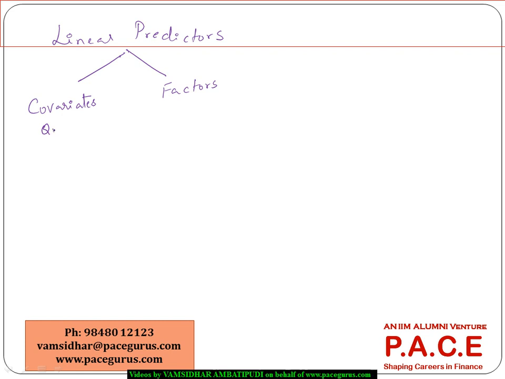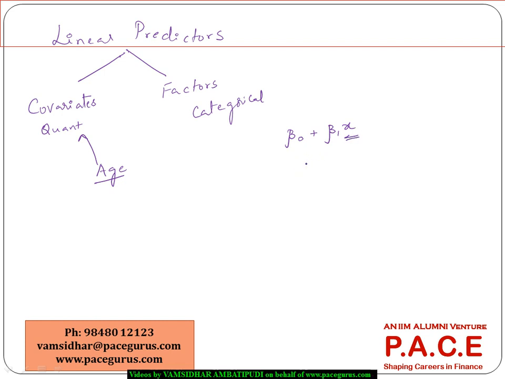Here I can look at something which is more quantitative in nature, something which is more categorical in nature. And let's say if I have age as the predictor, which is quantitative, then my linear predictor could be beta naught plus beta 1 x, where x is the age.